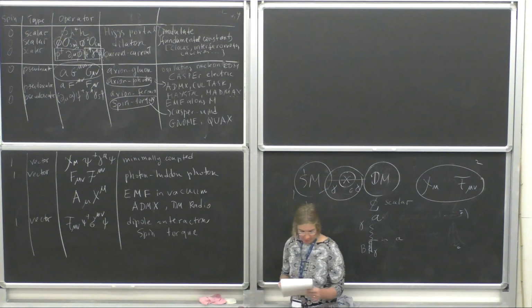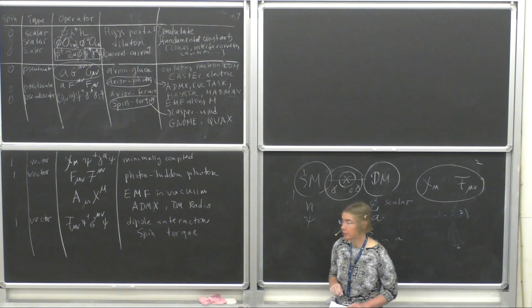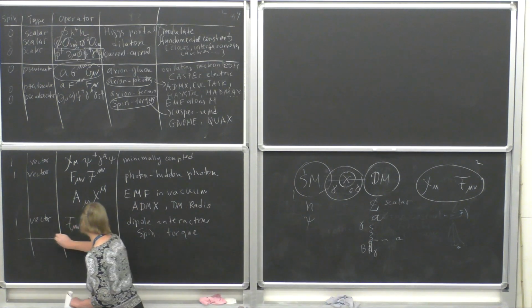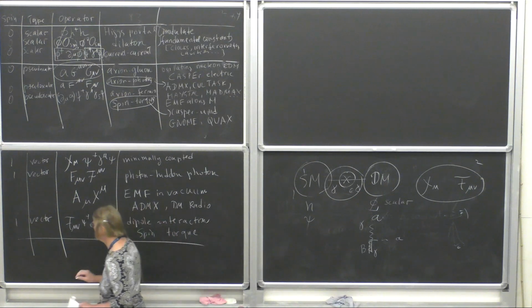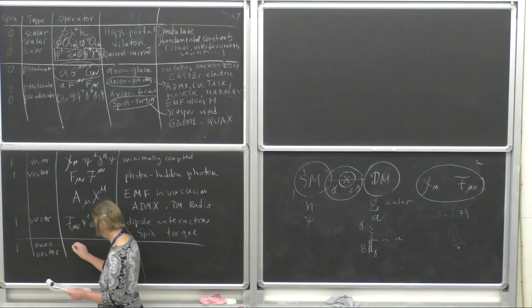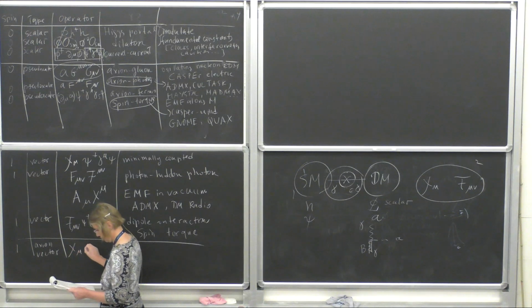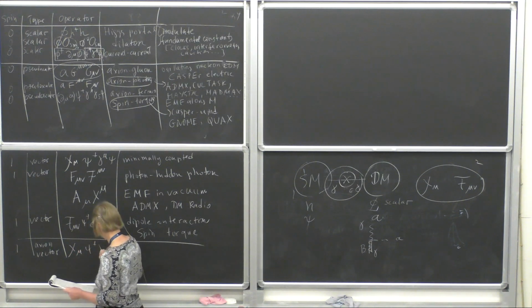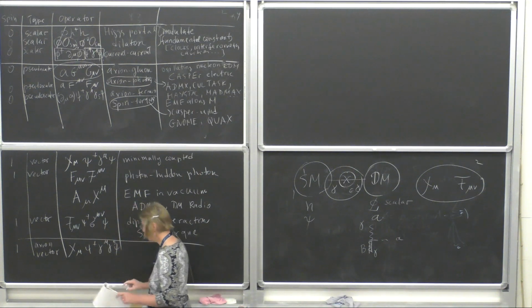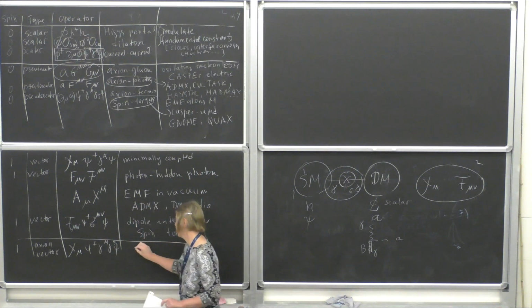So this is, I think, it, right? Only four for the vector. And you can also, in the same way, couple an axial vector. The axial vector is only allowed in the lowest dimension with only one coupling, because here we need to be able to produce an extra gamma 5. So this is the simplest coupling which you can write for this. You couple to the fermion, and again, that will produce a spin torque.